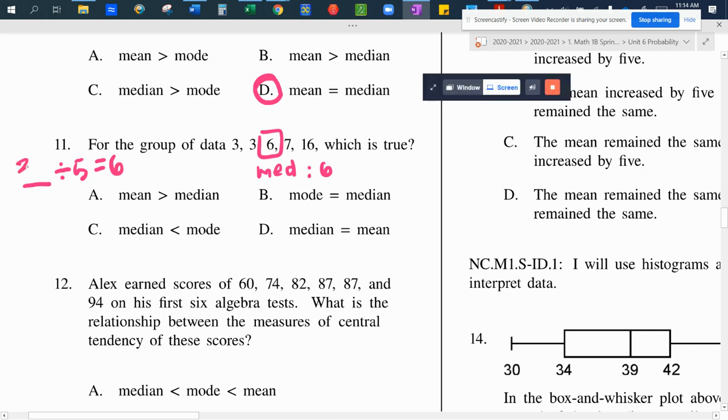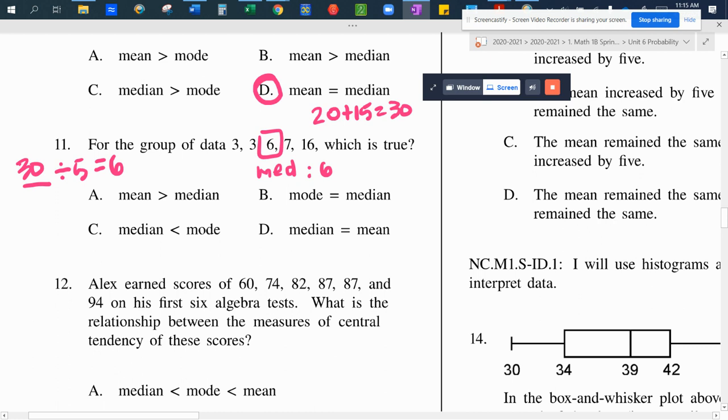30, right? So 3 plus 3 is 6, plus 6 is 12, plus 7 is 19, plus 1 is 20, plus 15 is, so 20 plus 15 is 35.